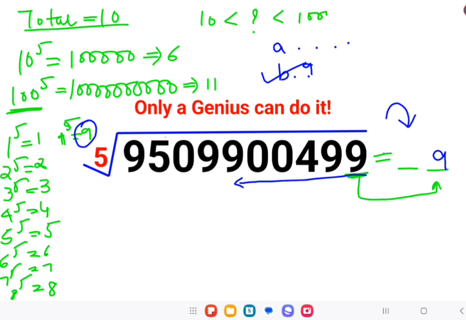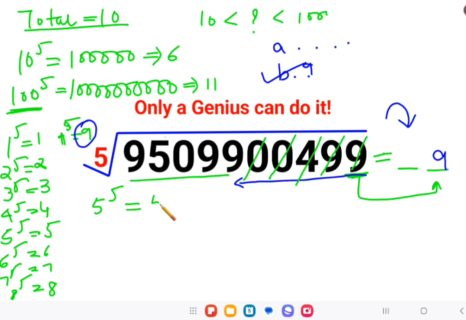Since we are trying to find the fifth root, we'll cancel 5 digits: 1 2 3 4 and 5. Now this leftover number is super important for deciding the first part of our answer. So let's find out what 5 raised to 5 is.